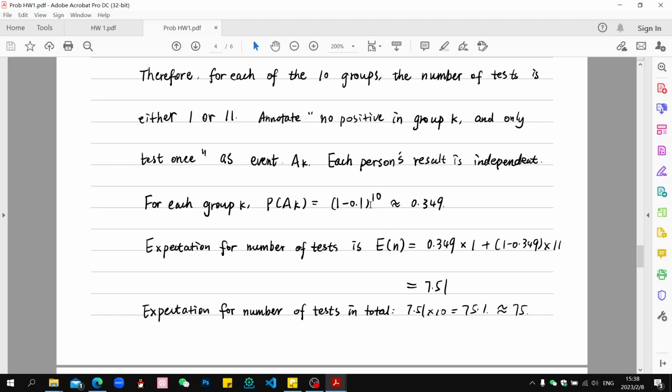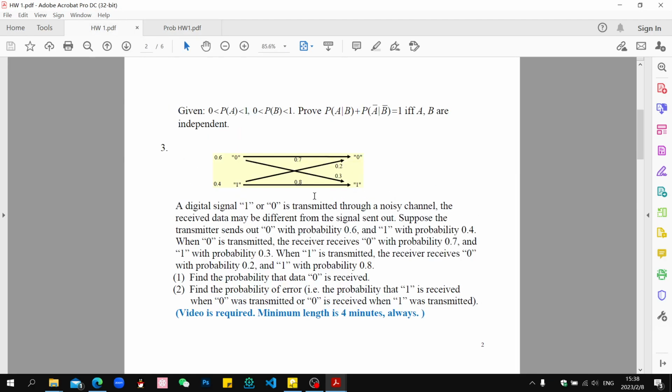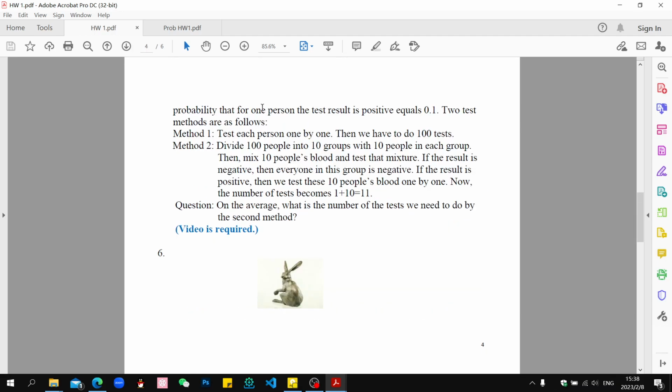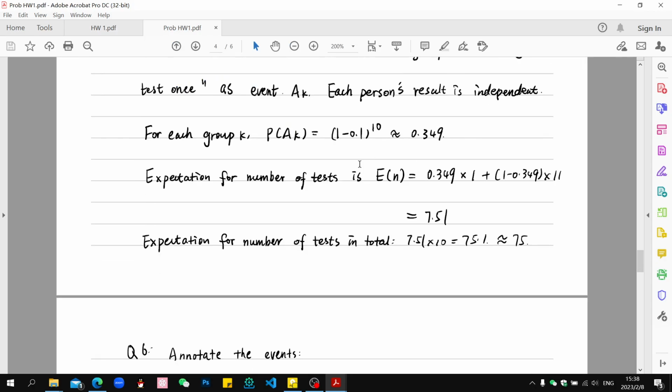That is, every one of them is not infected, because we know that for one person the test result is positive equals 0.1. The probability for one person to be positive equals 0.1. So the probability of all of them being negative is about this much.